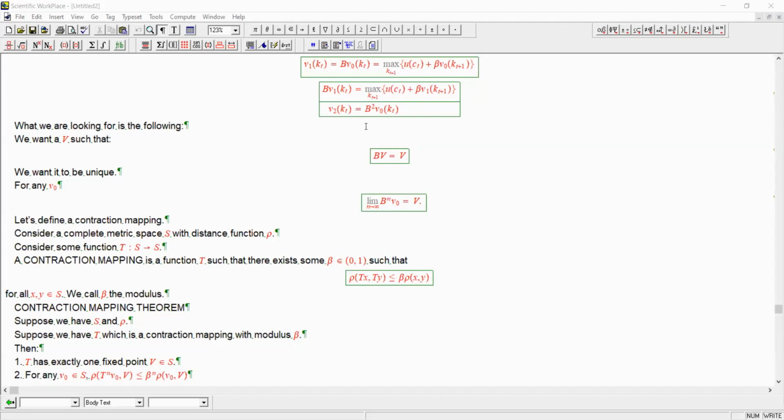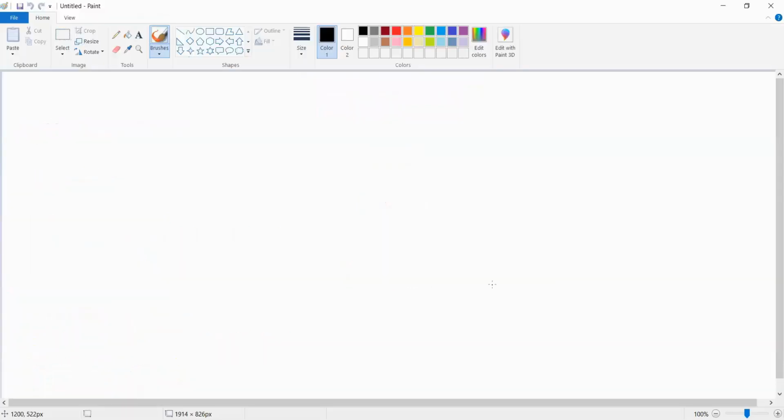Now, to understand a little more what a contraction mapping is and what the contraction mapping theorem is telling us, let's look at an example. Let's say that we are looking at a complete space S, which is nothing but an interval in the real line, let's say between 0 and some point.